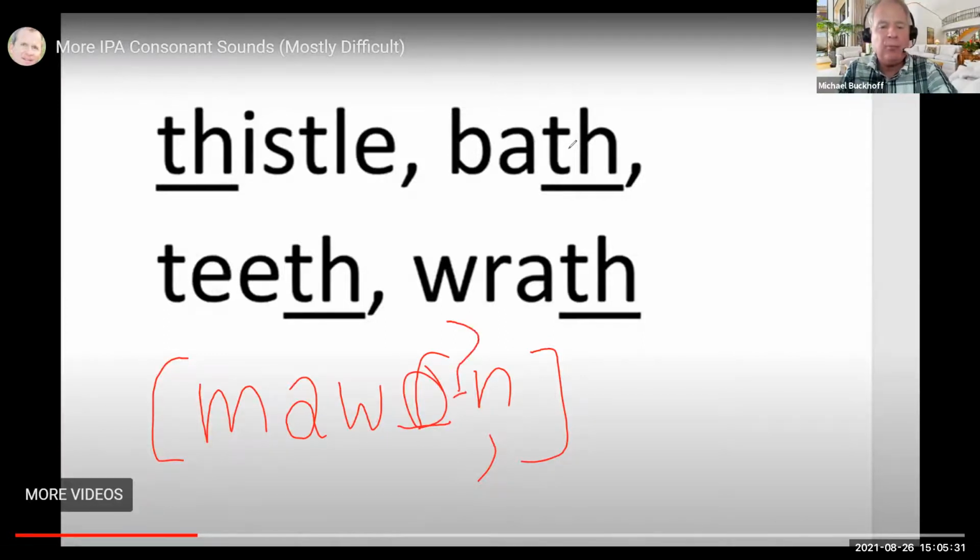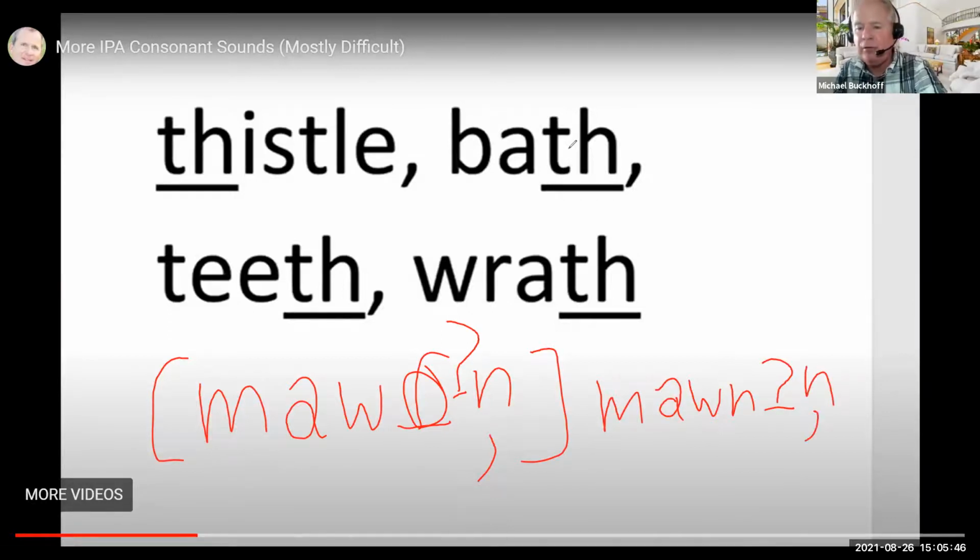So it would be mountain, maybe, and then the syllabic N. So if you transcribe mountain, it might be something like the M, then the diphthong AW, then the N, then the glottal stop, and the syllabic N. Something like that. Mountain.